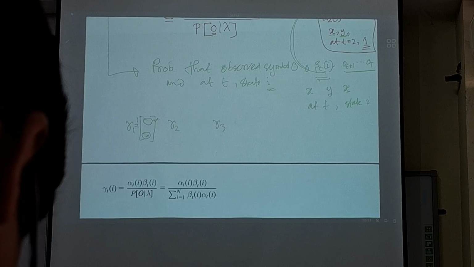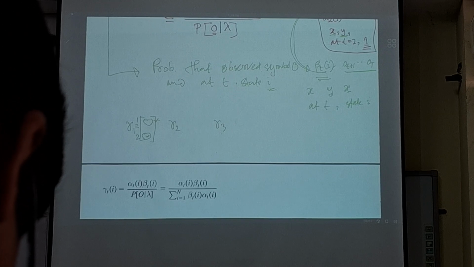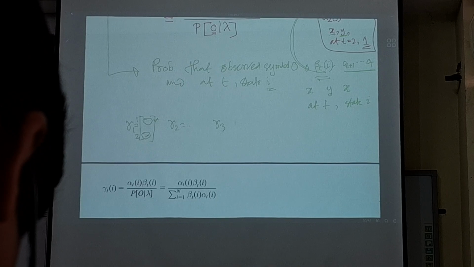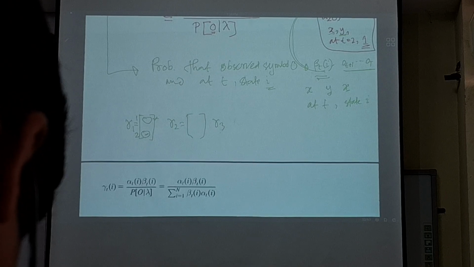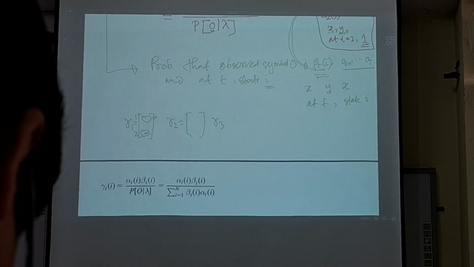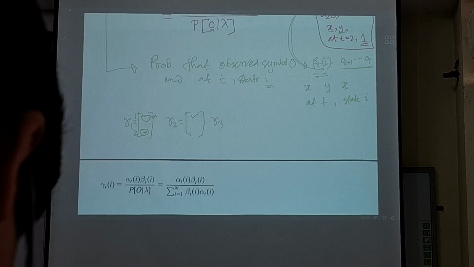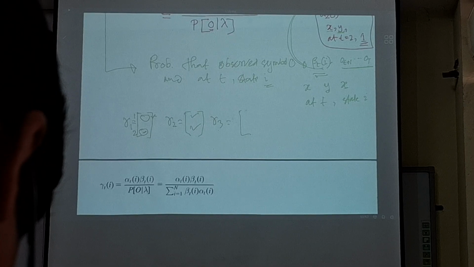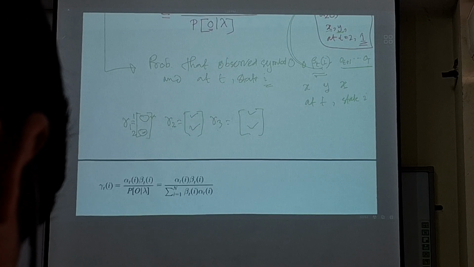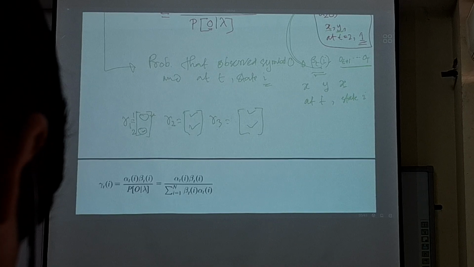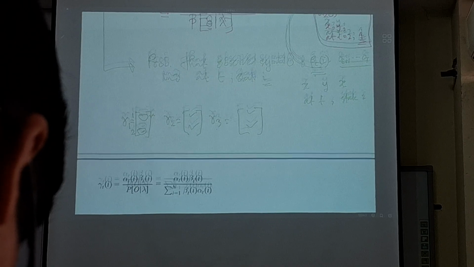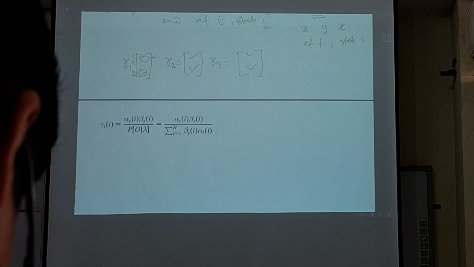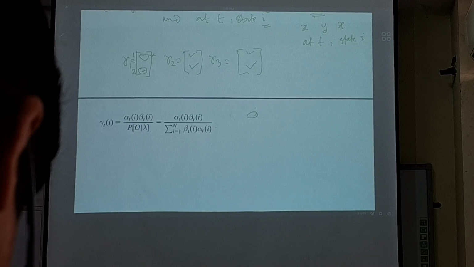And this one represents what? At time 1, you are in a state. Similarly, this one: at time 2, the chain is in state 1, the chain is in state 2. Now, how can we use this one to calculate this one?